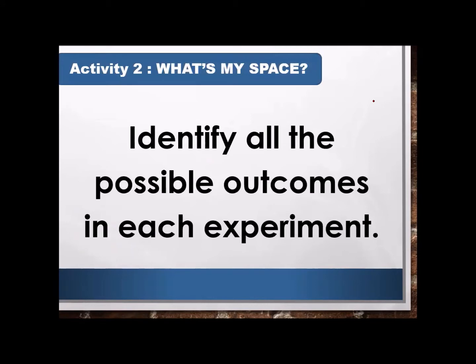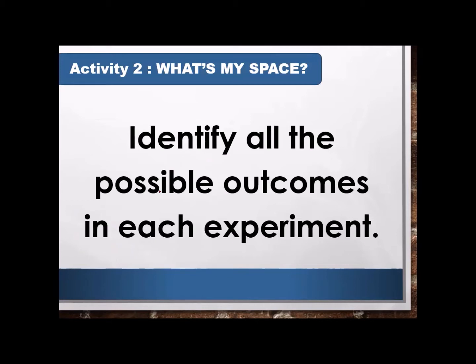Okay, so these are the words that we could associate with the term probability so that you can learn it easily. Now, let us identify all the possible outcomes in each experiment. Balikan natin, pag sinabi nating experiment, halimbawa, nag-roll ka ng die, nag-flip ka ng coin, those are experiments. Ano yung ginawa mo sa bagay na yun? Okay?